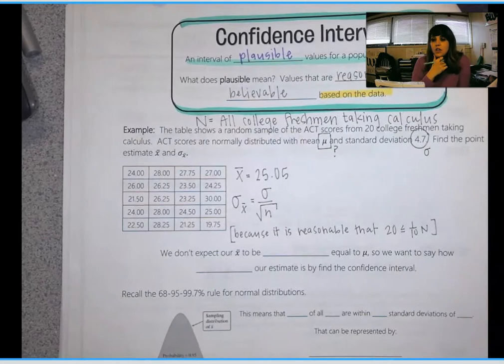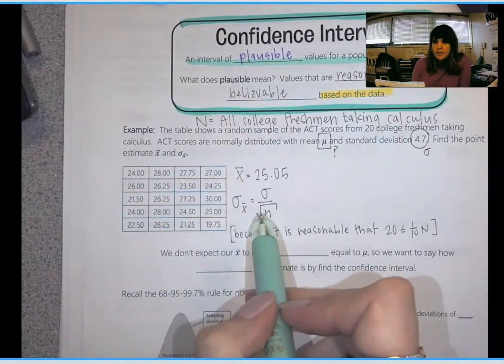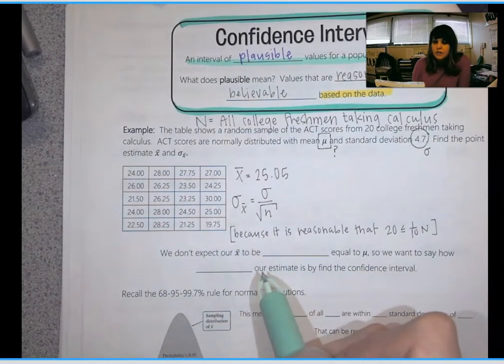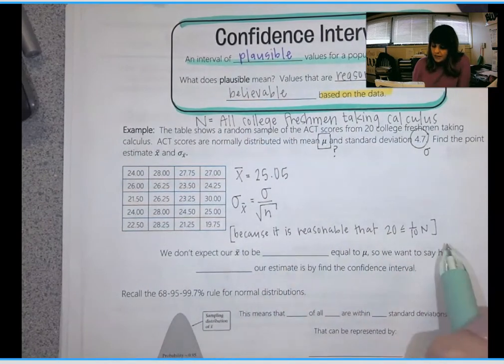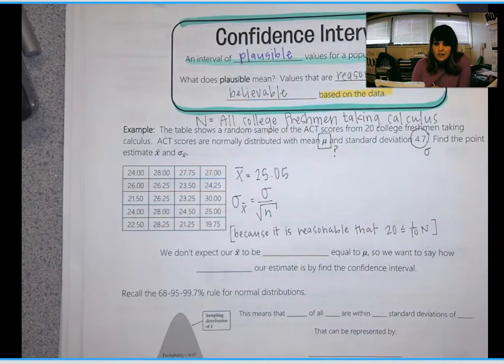Remember, when we use this formula, we typically want to check the conditions to make sure that we're allowed to use the formula. This condition is the 10% condition, and it has been met.